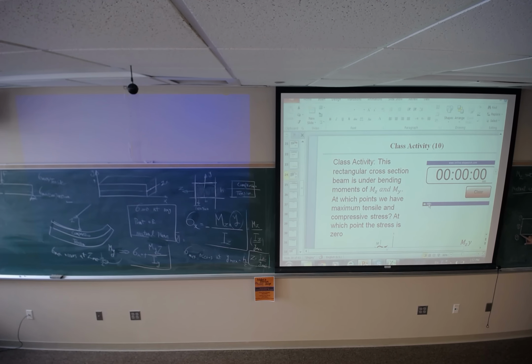Point 7 and point 5 also, they will see the tensile stress because they have the same y distance from this axis. So 5, 6, and 7, they will see all tensile. And 3, 2, 1, they will see all compressive stresses because they have the same distance from the neutral axis.